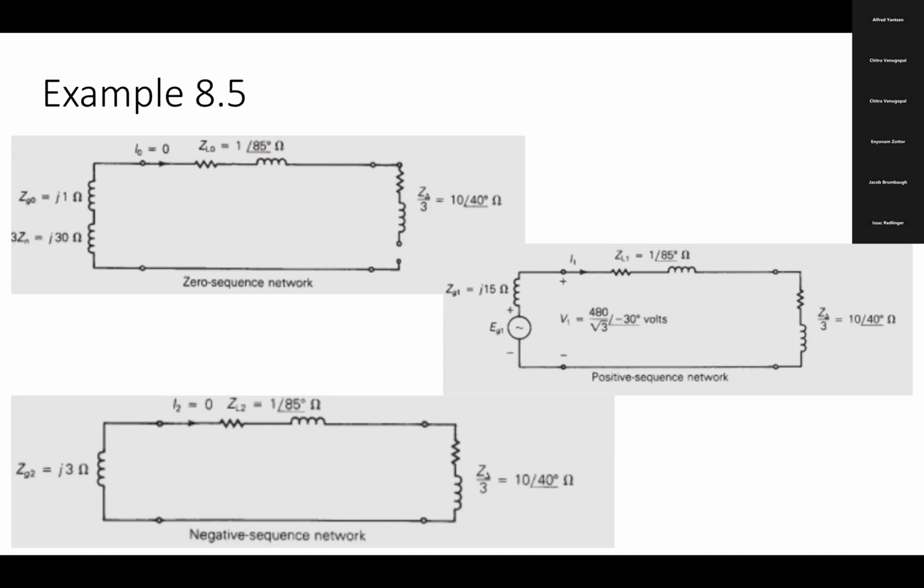If it is a single line to ground fault, you have to take all the impedances, zero sequence, positive sequence, negative sequence, put them in series and calculate the current. When these impedances come in series with this one, then this one also carries current. If it is a line to line fault, then they will be connected in parallel, so they will also carry some current, but different from this current. Positive sequence will carry the maximum current, whereas these two currents will be the same.